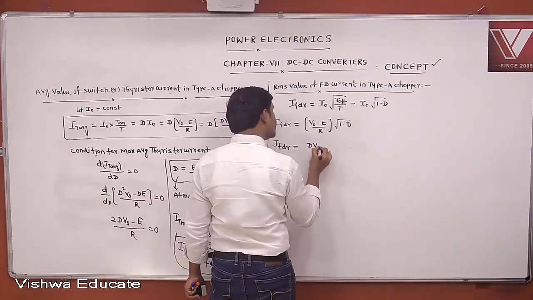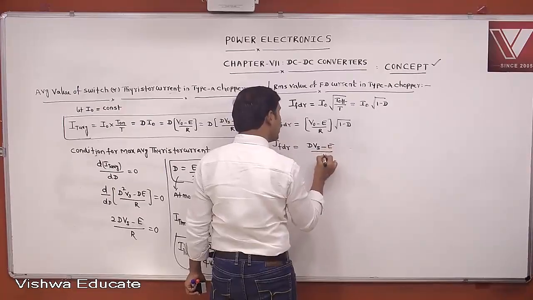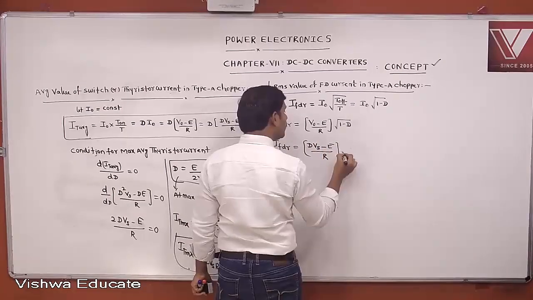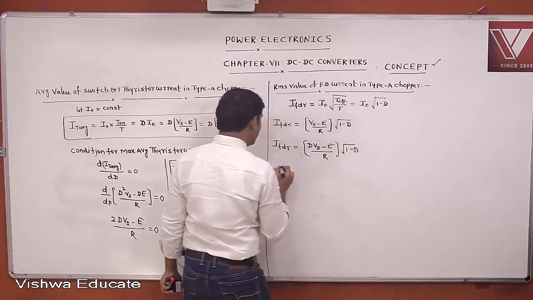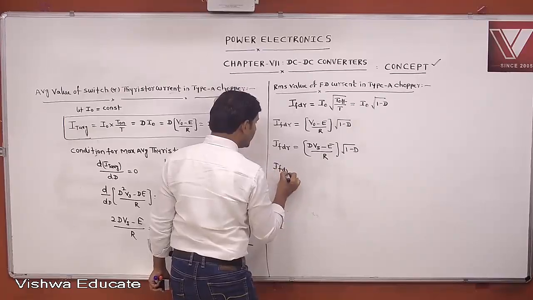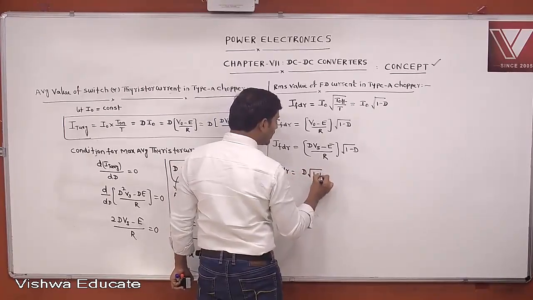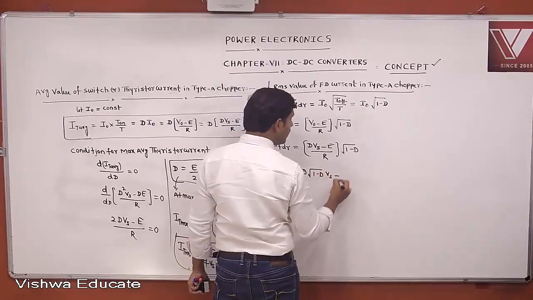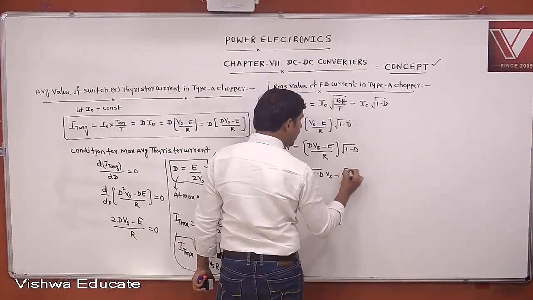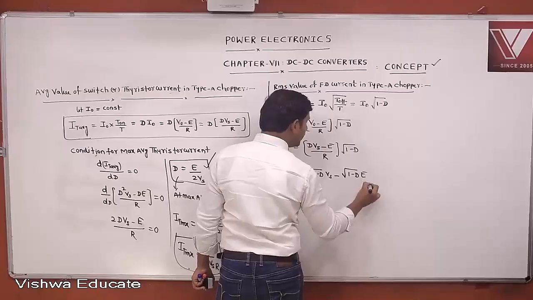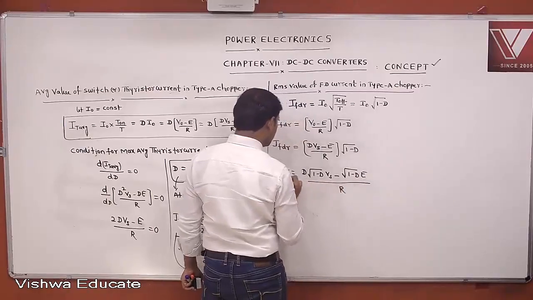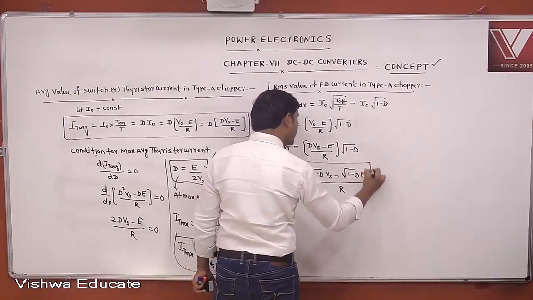It is dVs minus E by R into square root of 1 minus D. Then the RMS value of freewheeling diode current equals D into square root of 1 minus D into Vs minus square root of 1 minus D into E by R. This is the RMS value of freewheeling diode current.